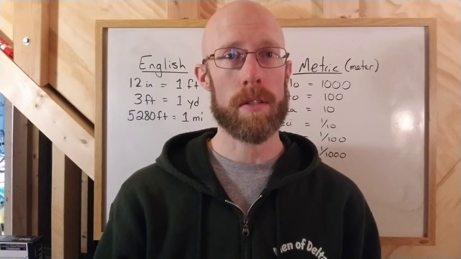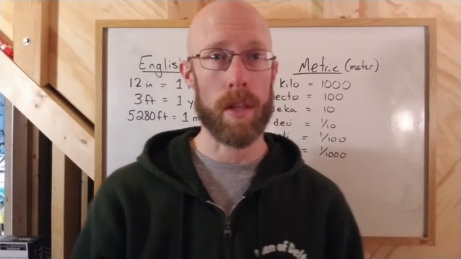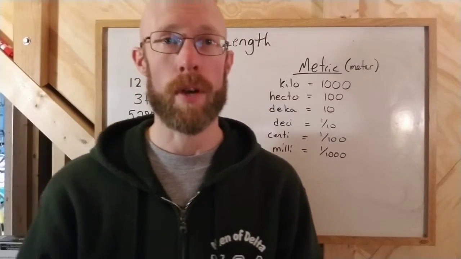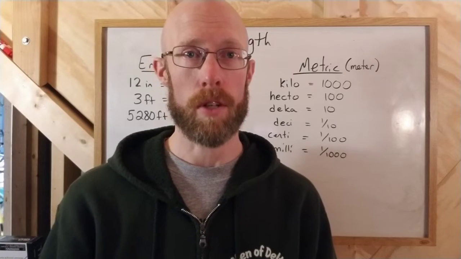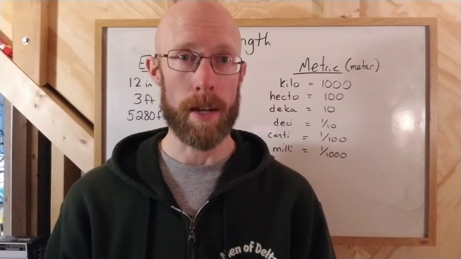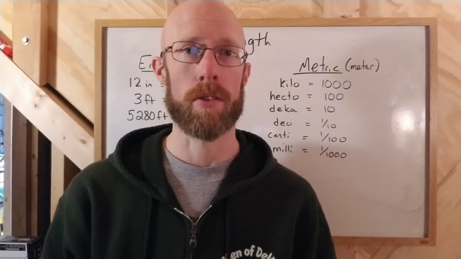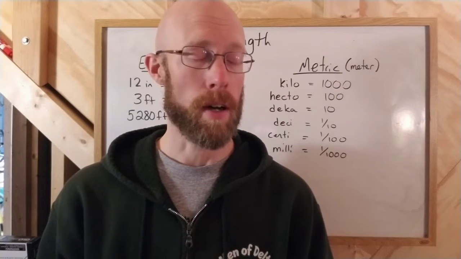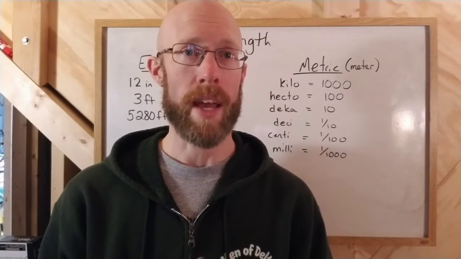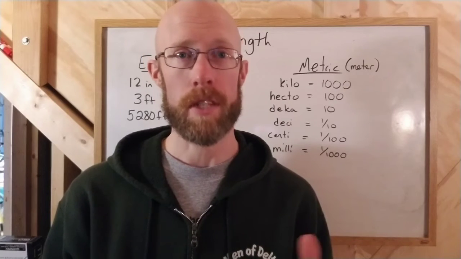The measurements, the one we're going to start out with is length behind me here. And we're going to look at different ways to measure length, different units of measurement, and ways to convert between them. Then we're going to take a look at things like measuring area, volume, weight, temperature, different types of measurements.